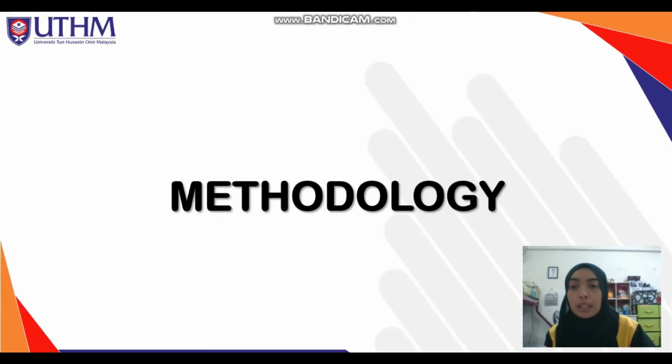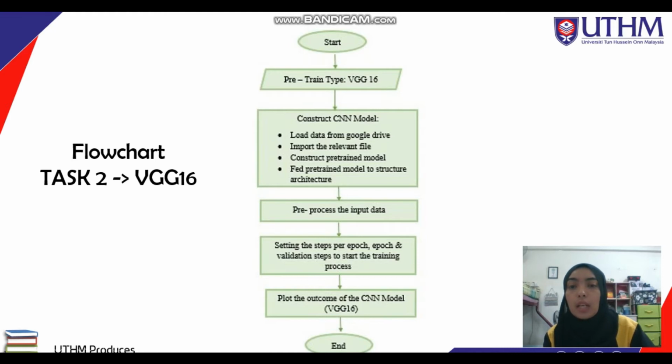Okay, next is the methodology. To do this task, we have followed this flowchart. First of all, we select our pre-trained model, which is VGG16. Next, by using Google Colab, we need to construct the CNN model, which is our VGG16.